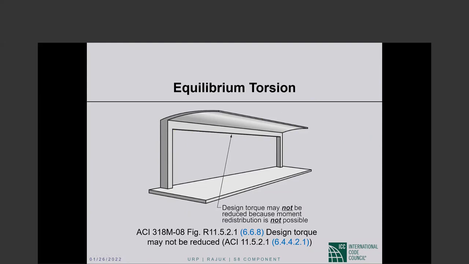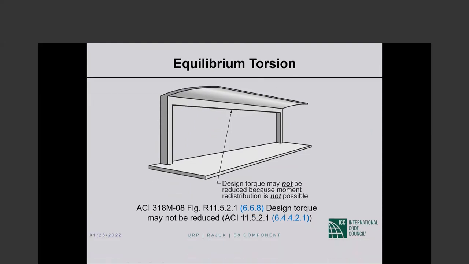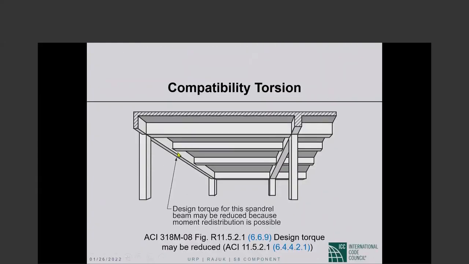Okay. So this is equilibrium torsion, as opposed to this situation where the slabs and the beams cause torsion on this spandrel beam. It's very easy to visualize that. This slab system is loaded with out of plane, vertical load. That loading causes torsion on this beam.